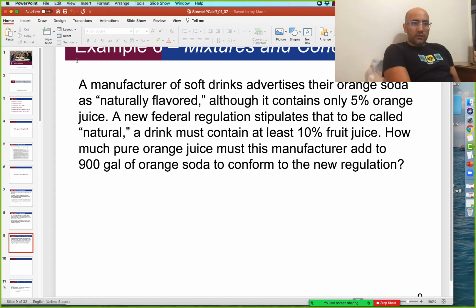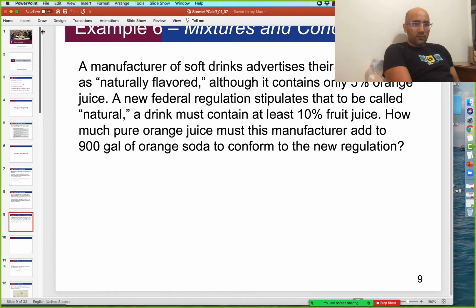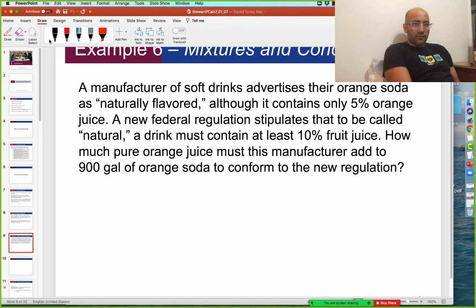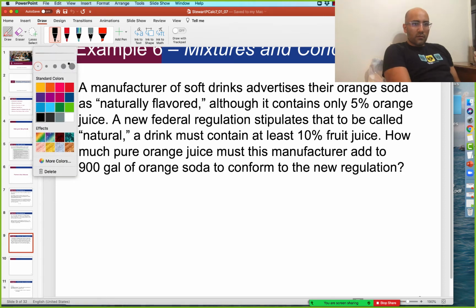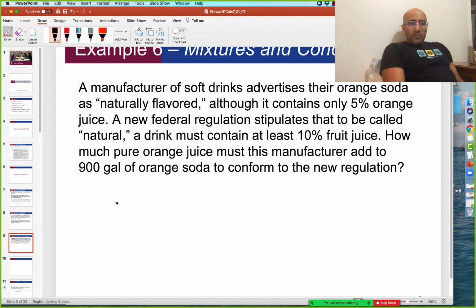So let's see if we can. Okay, so we have three mixtures that we have to be concerned about. We have the original mixture, just kind of putting it here.